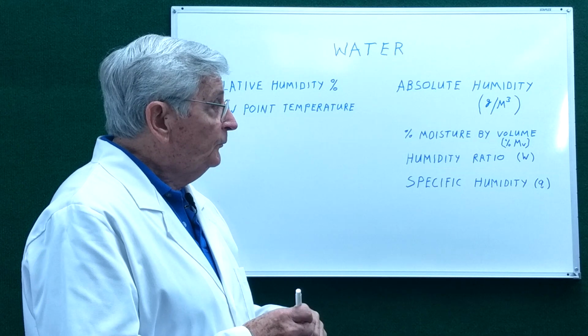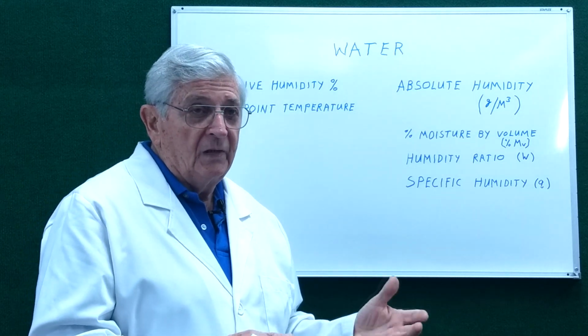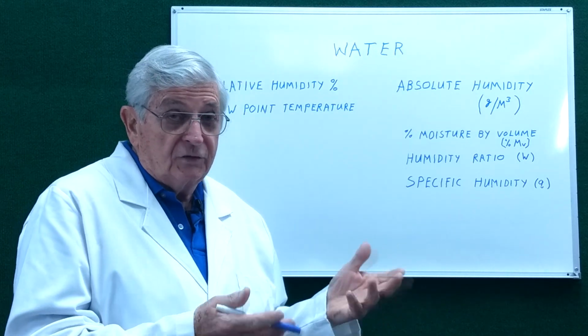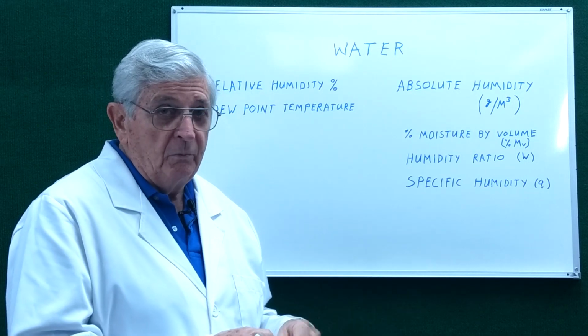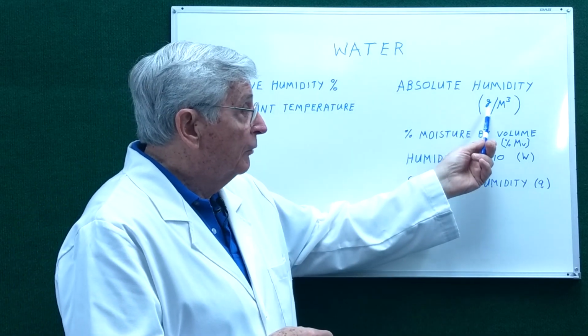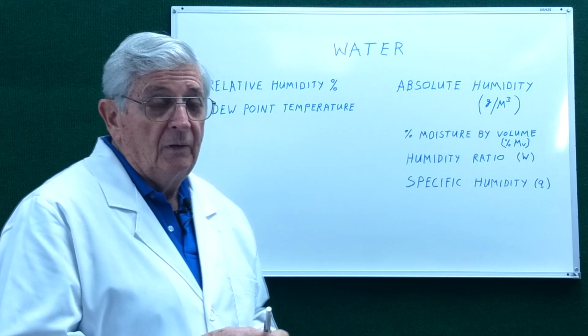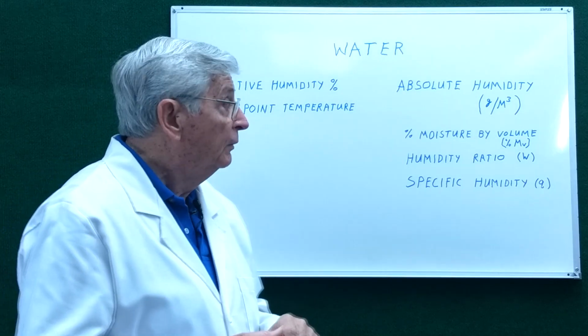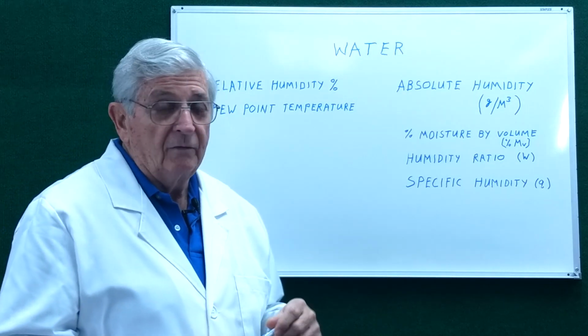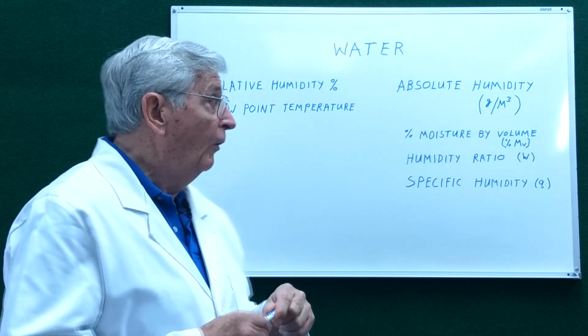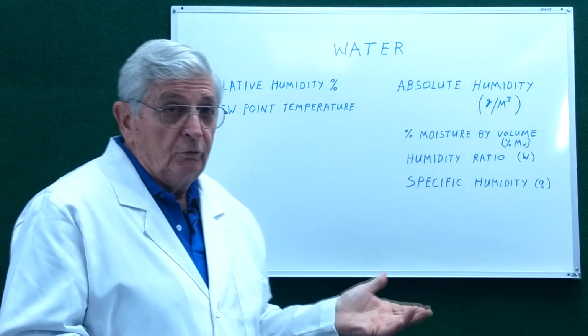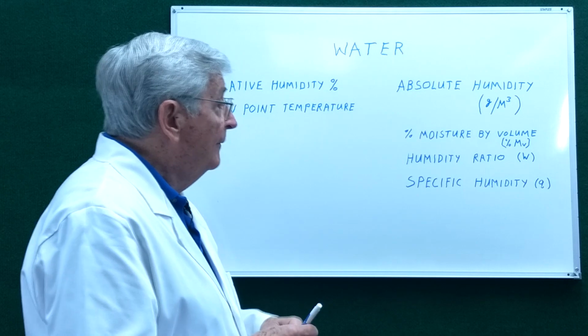The one term that scientists call absolute humidity is given in grams per cubic meter. And later we'll see why that's not a very absolute scale for moisture.